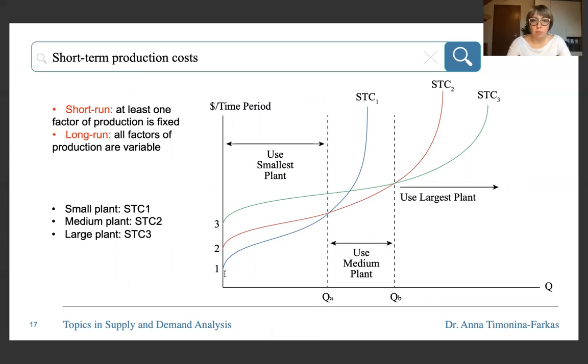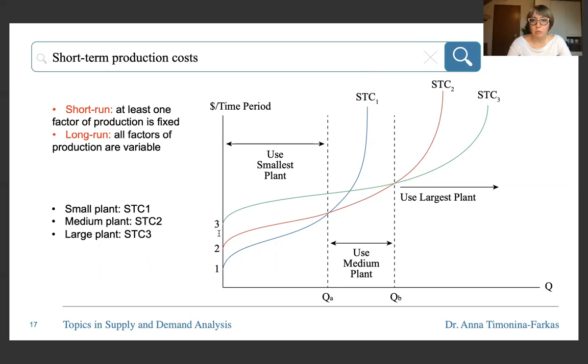One of them is a small plant with a very small fixed cost, but it reaches capacity very fast, and that is why the dollar cost per time unit starts to increase sharply after some time. Then you have a middle plant, whose fixed cost is higher than the first one, but its cost also starts to increase sharply a little later.